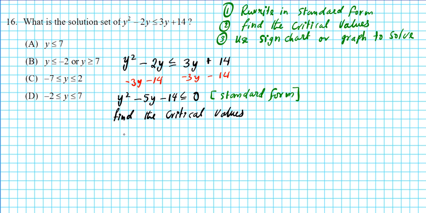So all we have to do is take y squared minus 5y minus 14 and set it equal to 0. We're going to solve this by using the x game.